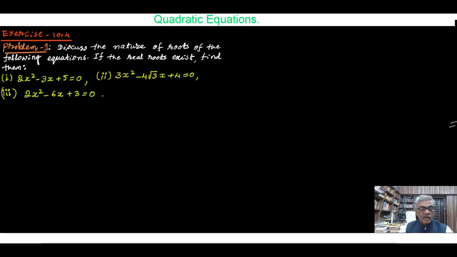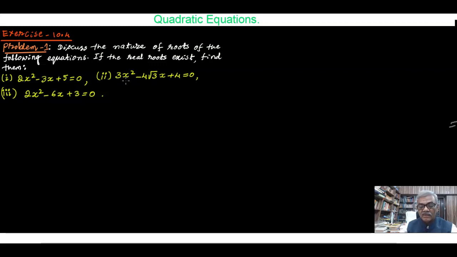The first problem I am going to consider, that is problem number 1, in which there are 3 equations given. We have to discuss the nature of roots of these equations. One is 2x square minus 3x plus 5 equal to 0.